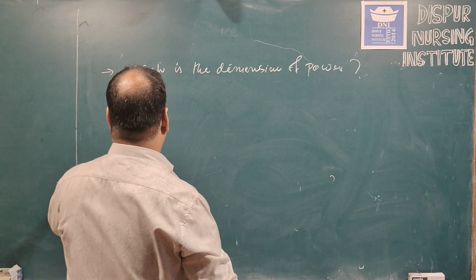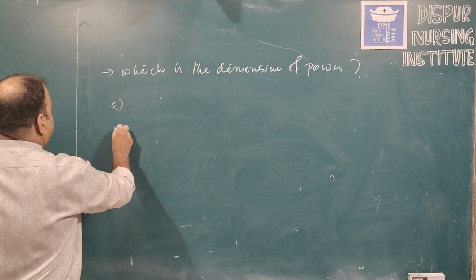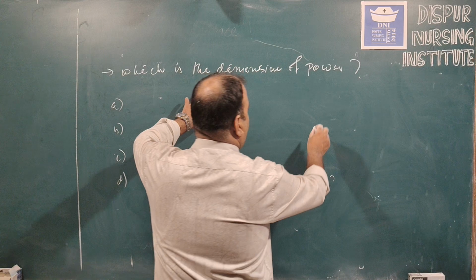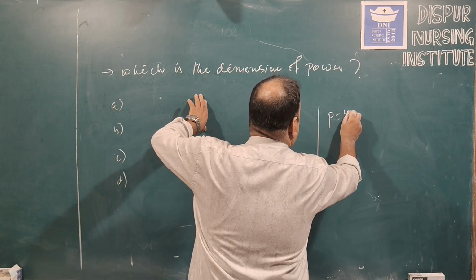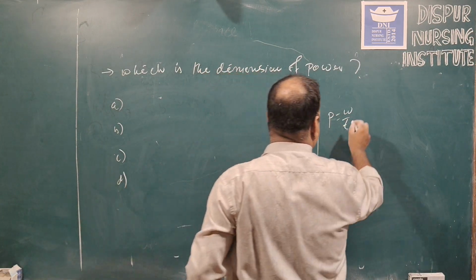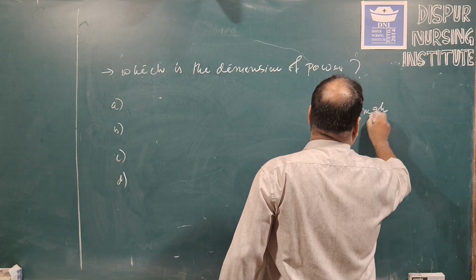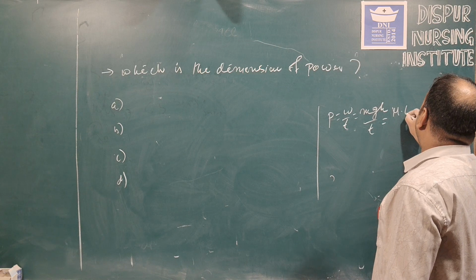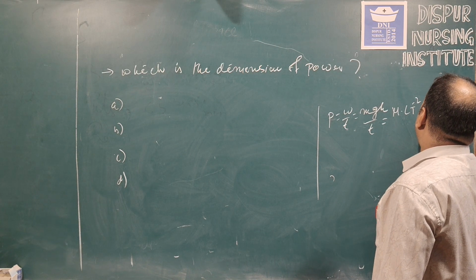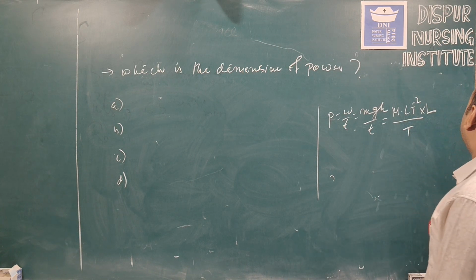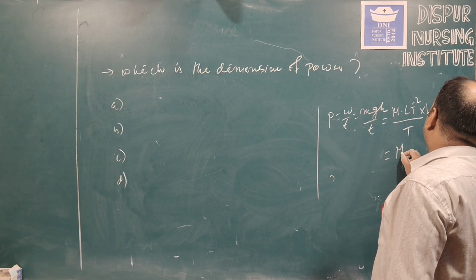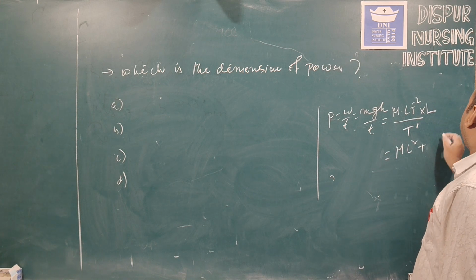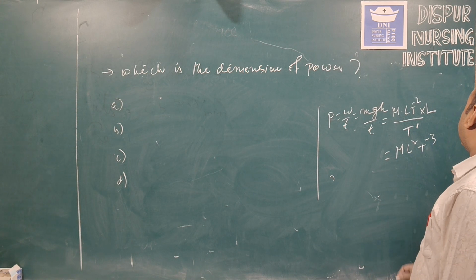Suppose first you see dimension of power, with options A, B, C and D. Normally power is equal to W by t. W means mg, divided by t. Here m means mass, g means meter per second square, height means L, divided by time T. So this can be written as m L square T to the power minus 3.